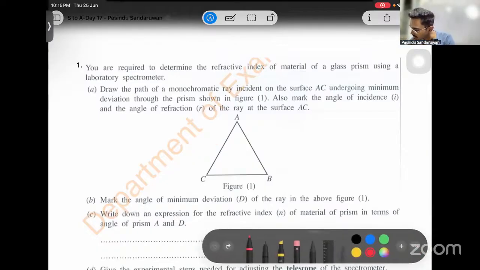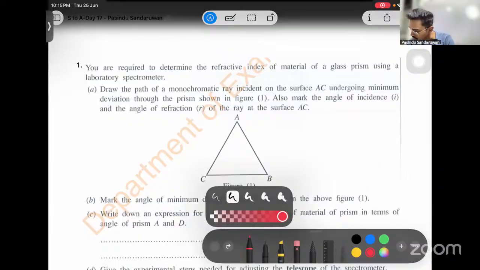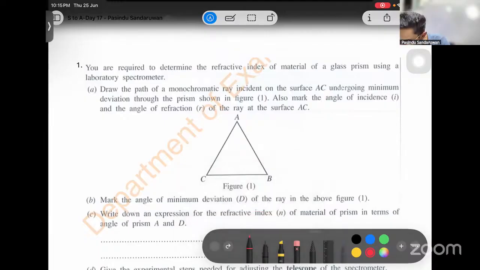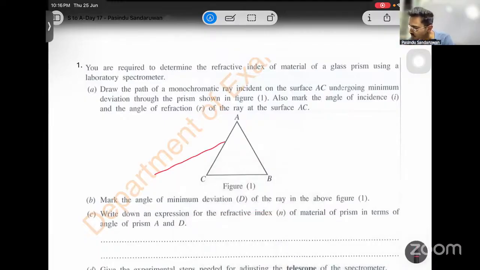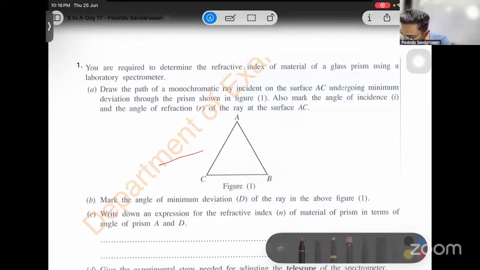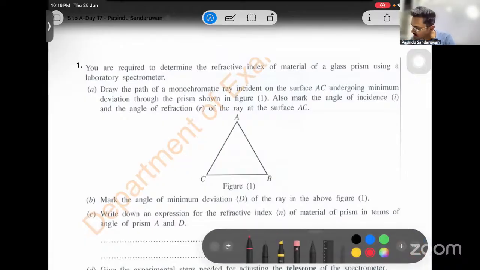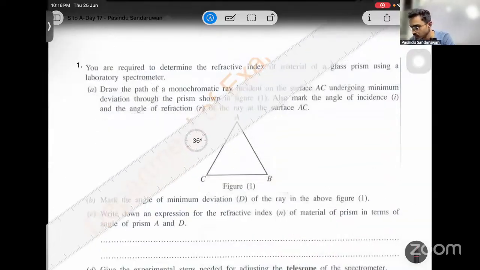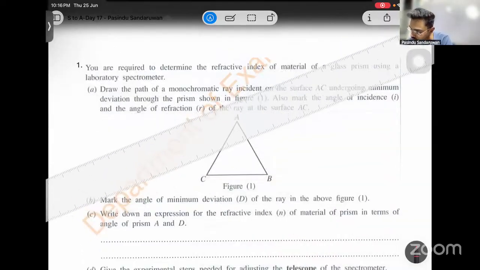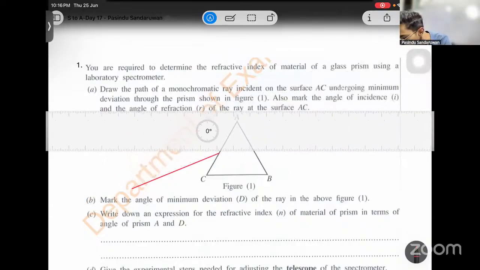Second, let me use the ruler. Say this one is the incident ray, and here this one is the refracted ray.